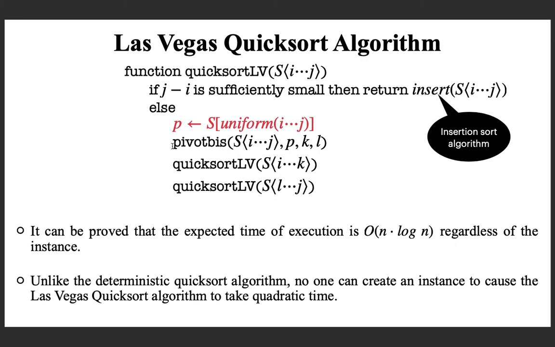Then you can come up with an input instance which will cause the algorithm to take order of n square. But that is not possible with this Las Vegas algorithm, because you don't know what index the algorithm is going to decide. It's uniformly at random, and that is the thing that allows you to get this complexity for all instances.